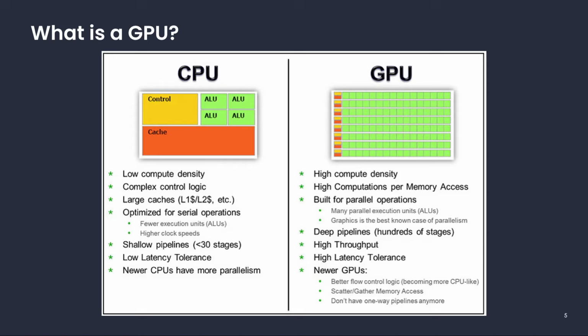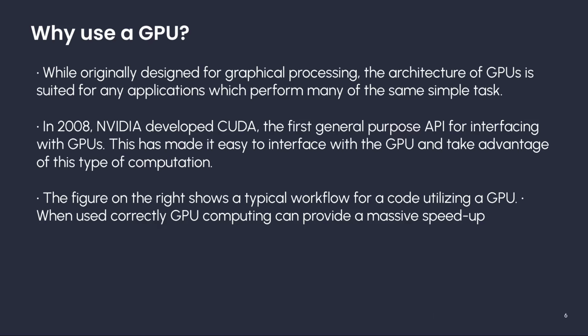So graphics, computer graphics, VFX, CGI are the best cases of parallelism because multiple things we have to do at the same time. त्याची pipelines पण deep असतात, high throughput, high latency tolerance, आणि new GPUs are becoming more like CPUs and new CPUs are becoming more like GPUs. So both of them are kind of becoming similar to each other, but GPUs are more favorable for parallel tasks.